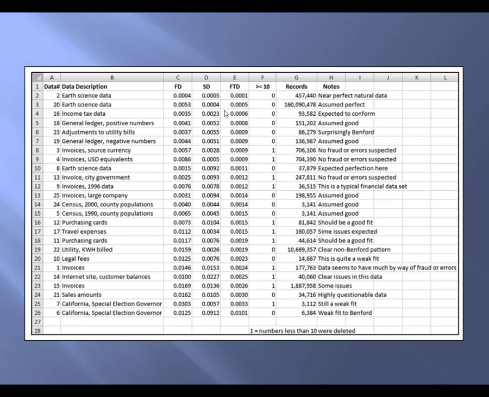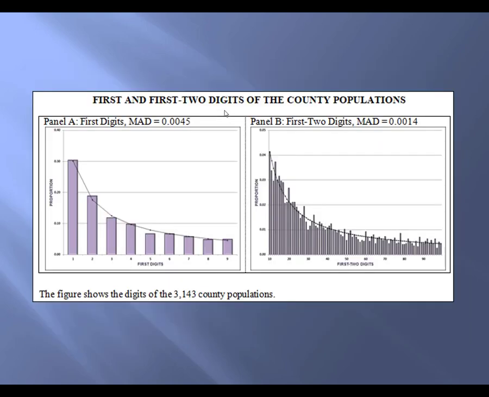So assessing conformity to Benford's Law is a little bit tricky, and what I developed was something called the mean absolute deviation. So we're going to have a look at this graph again. I can see a deviation for the first digits for the 5. You can see we have the line and we have the bar below it. The difference between those two is the deviation.